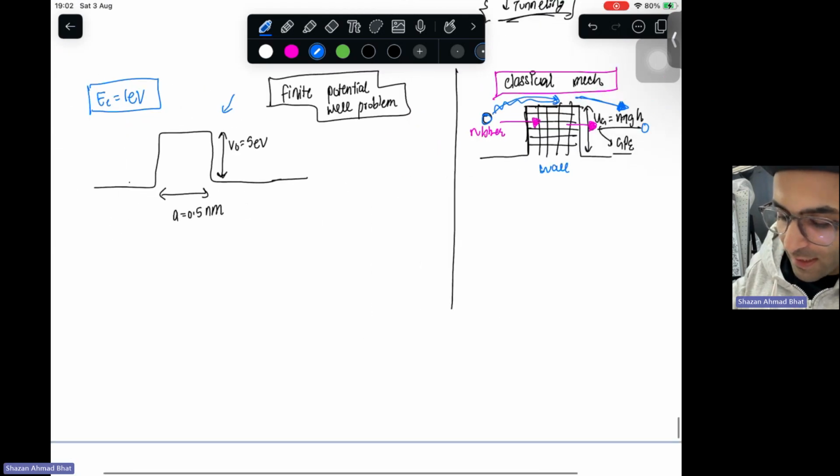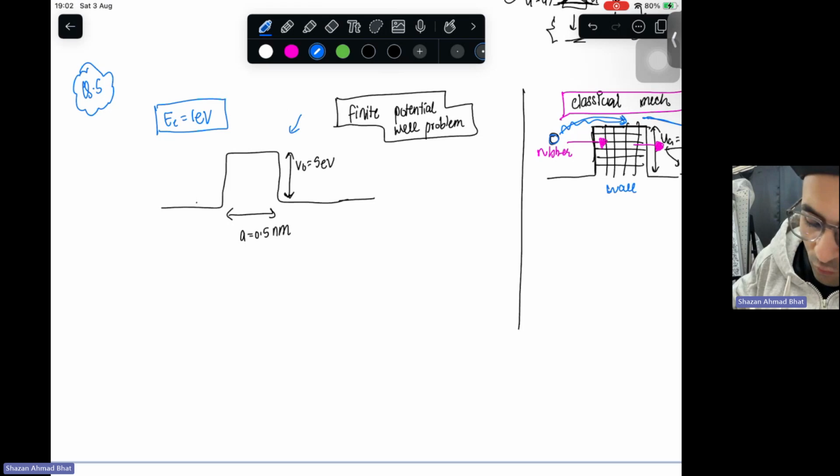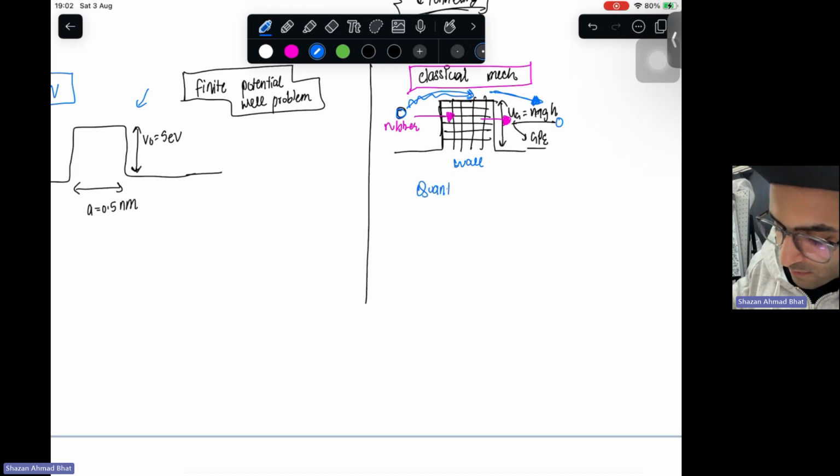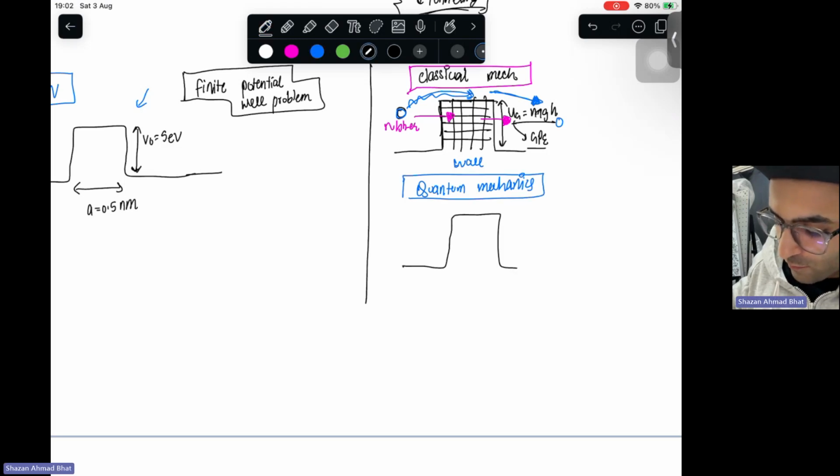Now, it appears that things in quantum mechanics behave weirdly. Why? Because in quantum mechanics, you have the same scenario. What scenario? If you have a wall, a quantum wall, which is the potential barrier, and if you have a ball, let's say this is a quantum ball, a quantum mechanical object, because of the wave nature associated with it, it is a wave.